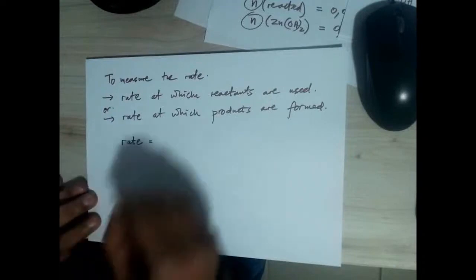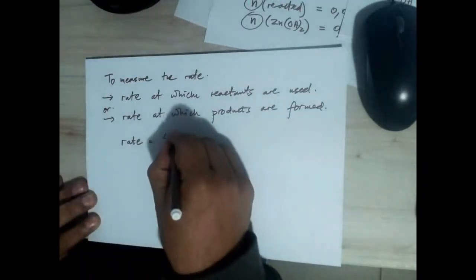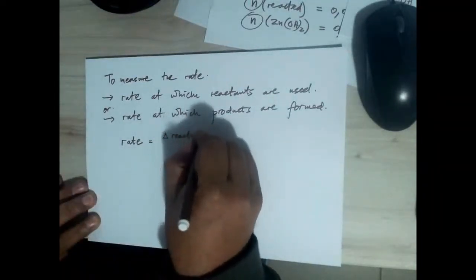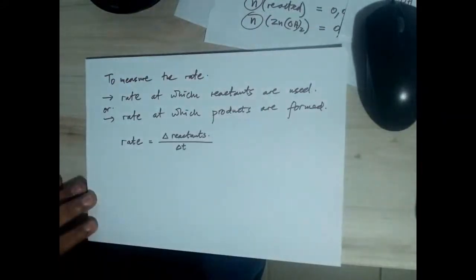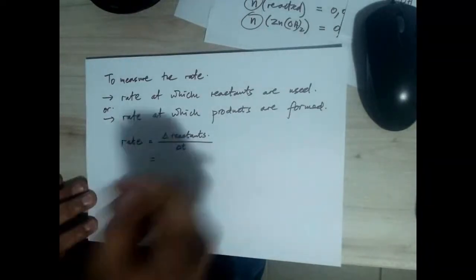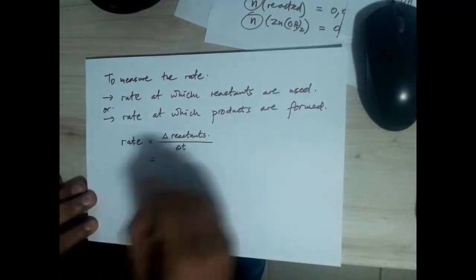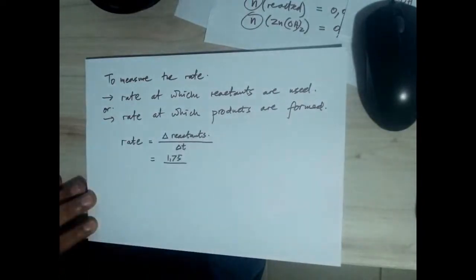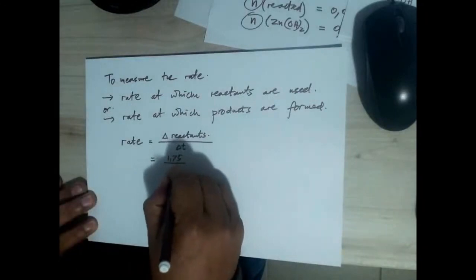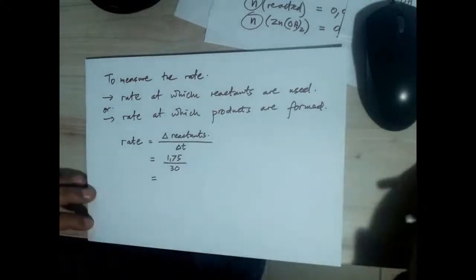So we are measuring the change in the reactants over the change in time, and our change in the reactants in this case is 1.75 grams divided by the 30 seconds that has elapsed, and the average rate is equal to, I think it's 0.6.